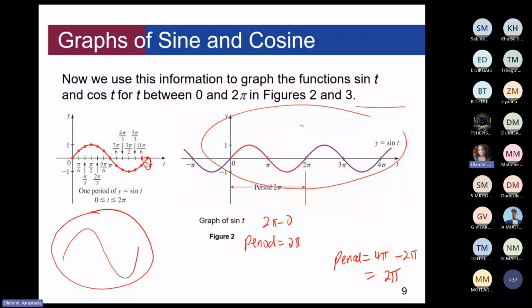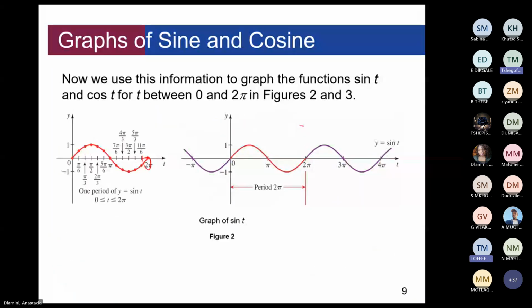Ma'am, are you saying from 0 to negative pi? Yes, negative pi. Are you saying it's a cos graph? I am saying it's a cos graph if you cut it here. Look at this.